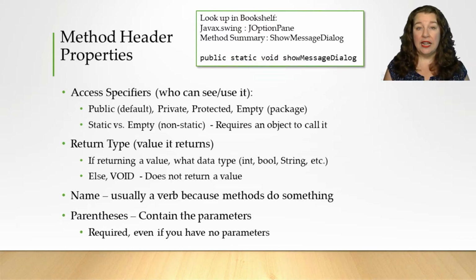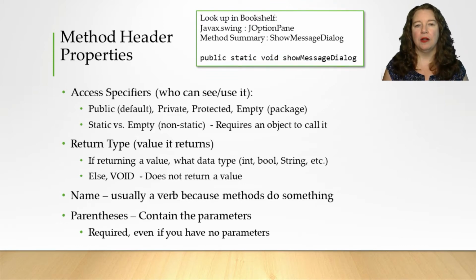If I need an object to call it, so if I'm making an animal class and the animal has attributes with it, how many legs it has, something like that, and I need that actual object to get the value of this method, how many legs does my animal have, then you just leave that static part empty. So it's non-static or empty.